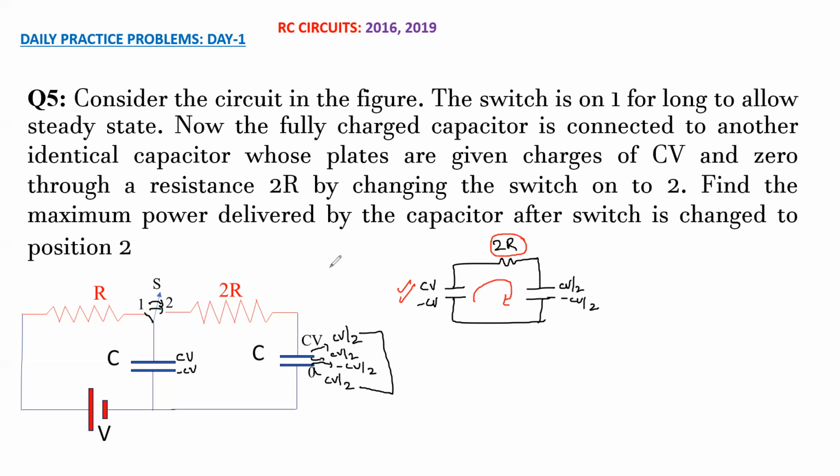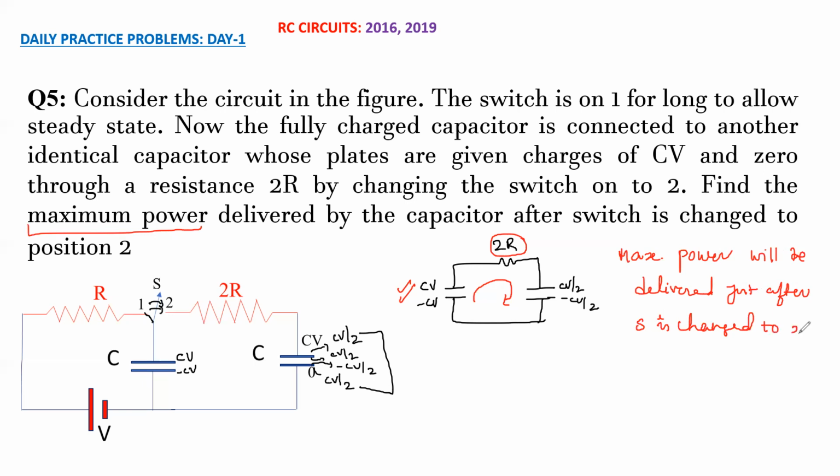So for maximum power, you don't need any mathematics. Maximum power will be at t equal to 0, that is, maximum power will be delivered just after S is changed to 2.